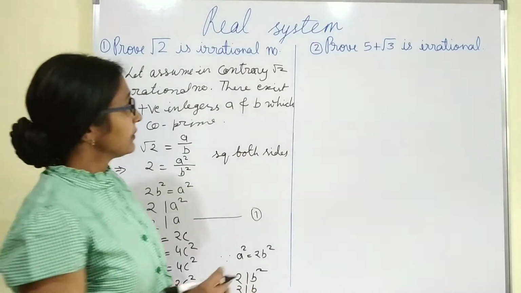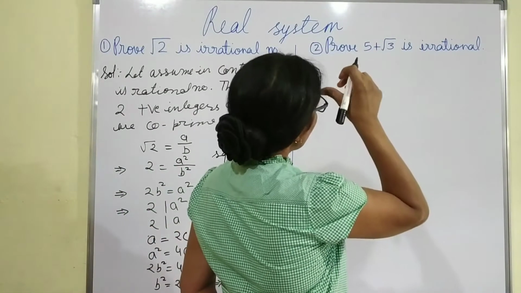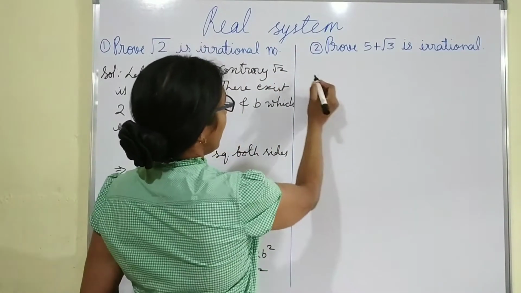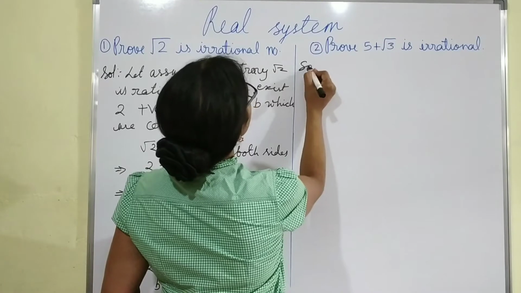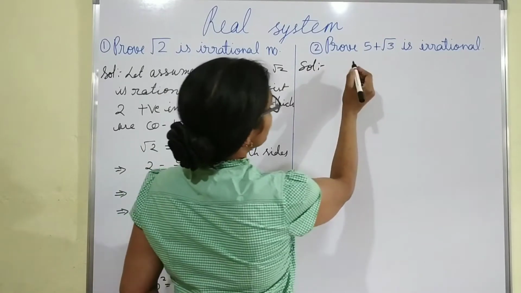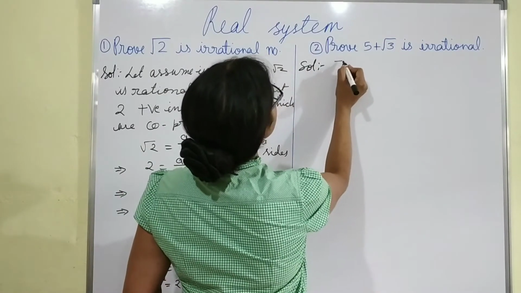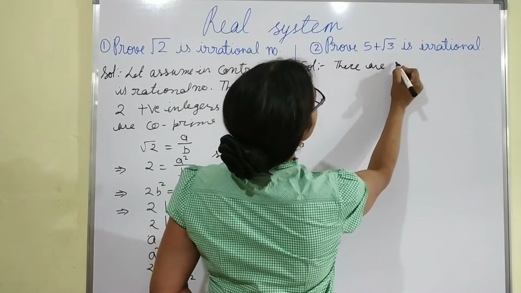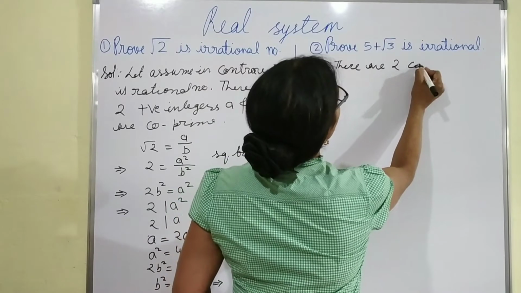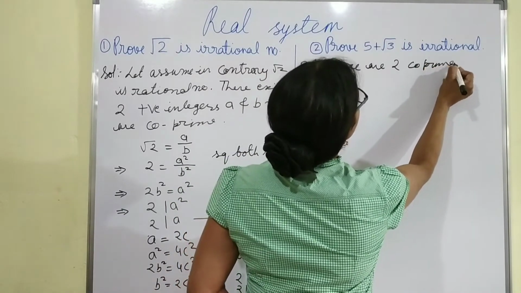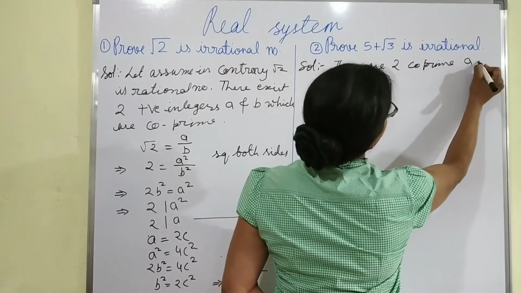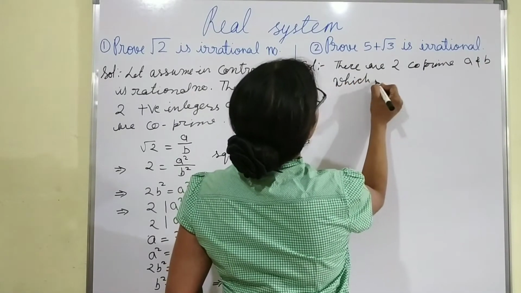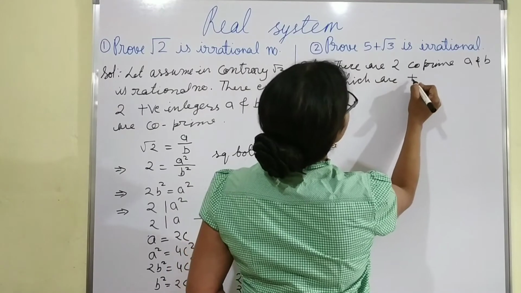Now, next question is, prove 5 plus root 3 is an irrational number. Again, solution. There are two co-prime positive integers a and b.